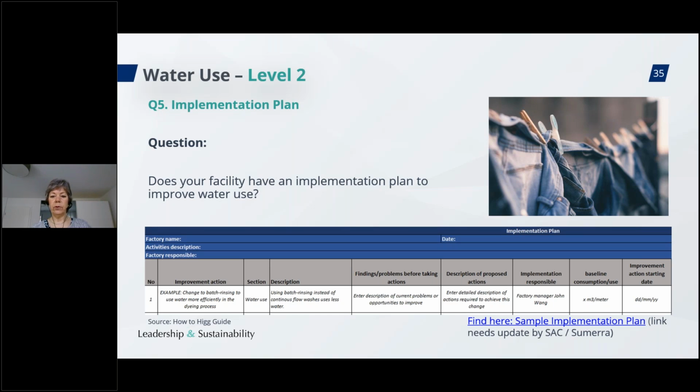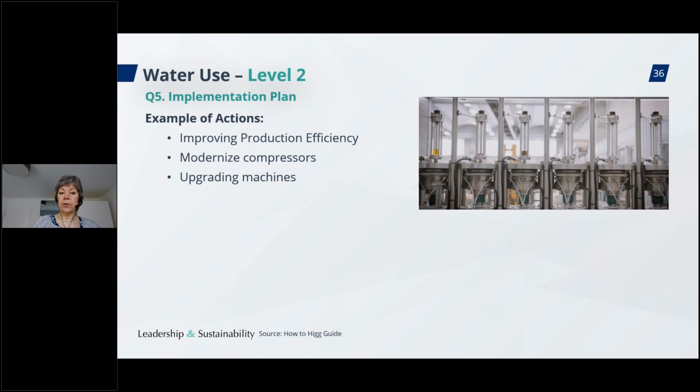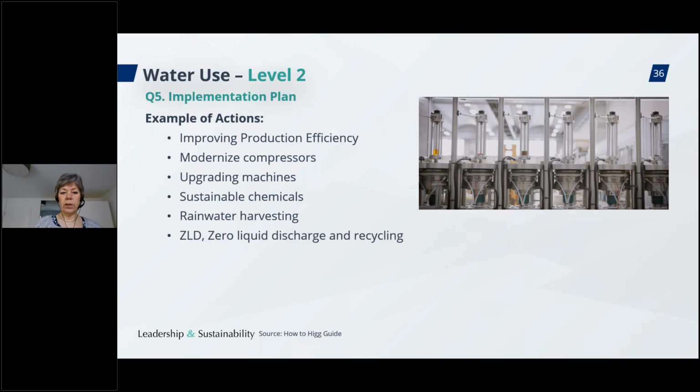Because it's really helpful to have a template to add your implementation plan into. And some examples of actions in your implementation plan are improving production efficiency, modernize compressors, upgrade machines, to use more sustainable chemicals that then also use less water, to do rainwater harvesting, to use zero liquid discharge and recycling.